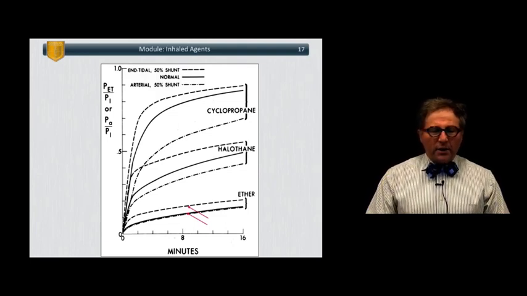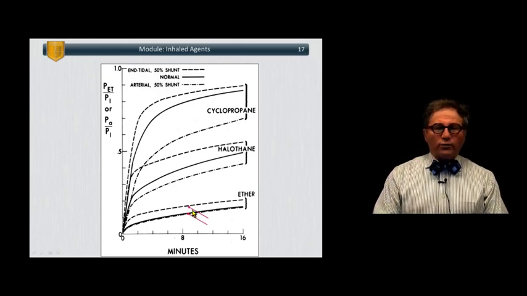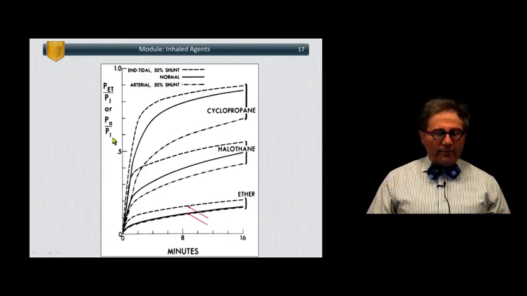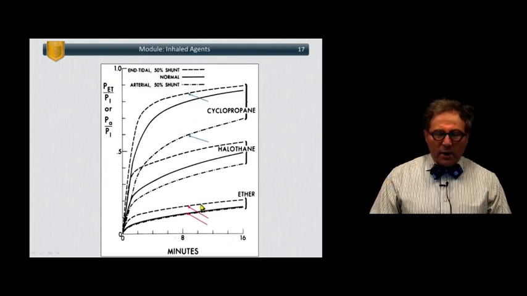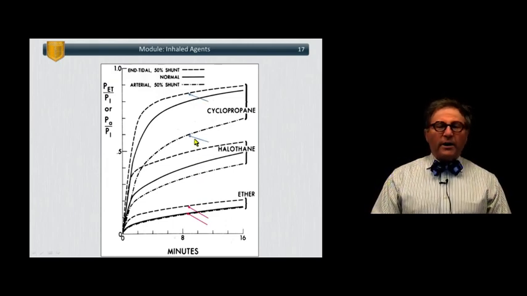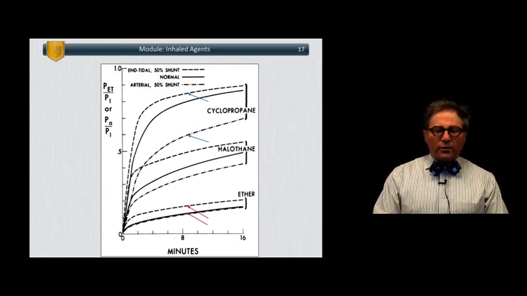You can see the difference between the end-tidal and the arterial or blood partial pressure of anesthetics with a very soluble agent: almost no difference in the PA over PI or FA over FI, either way. Whereas when you contrast that with a very insoluble agent like cyclopropane, we have almost a 100% increase in the FA over FI with a right-to-left shunt.